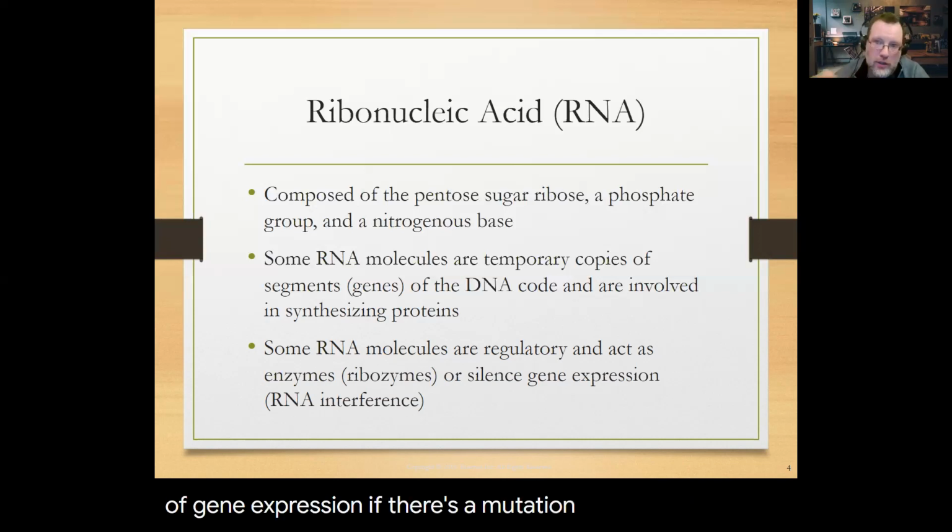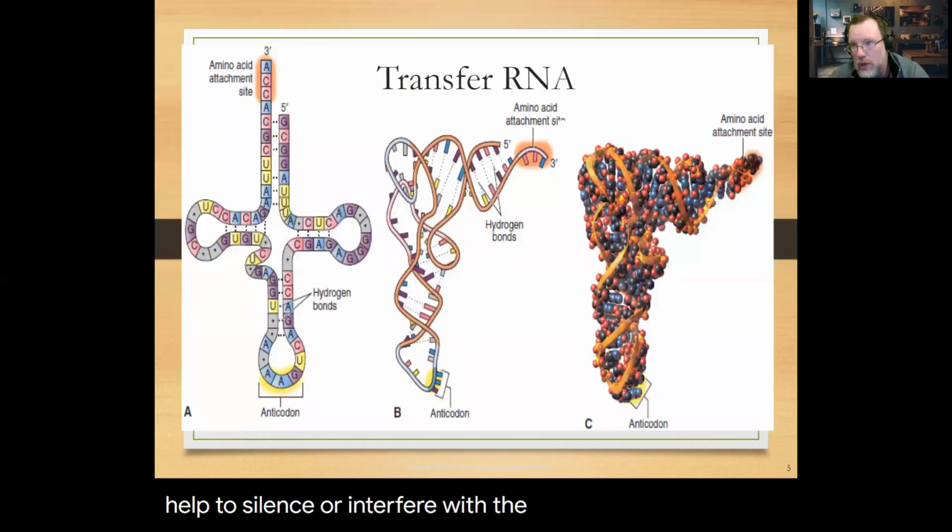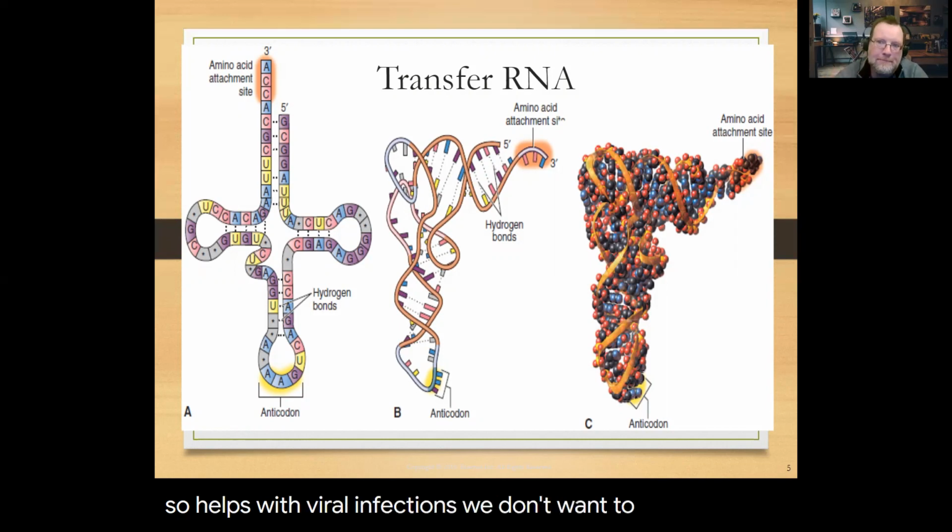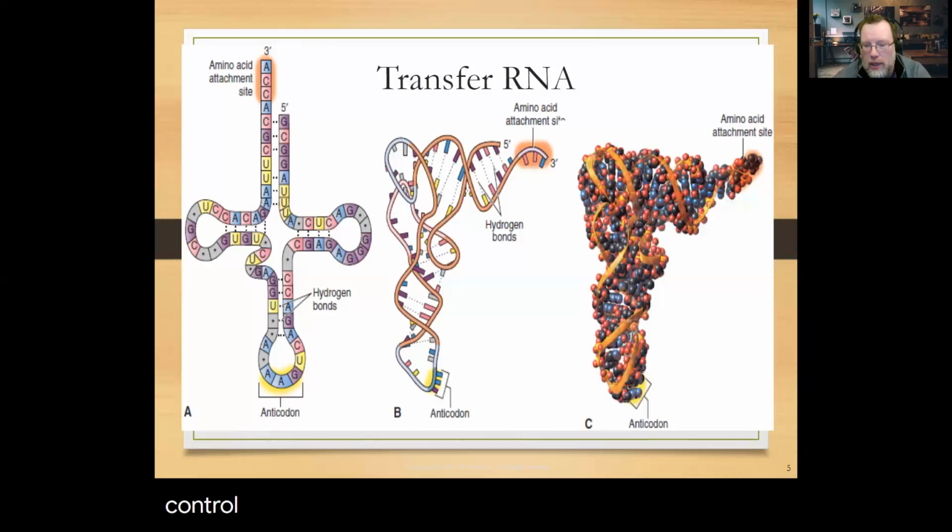If there's a mutation noticed, RNA can help to silence or interfere with the photocopy process. So it helps with viral infections. We don't want to reproduce or go through a high number of enzyme activity that's out of control, or structural construction that's out of control.